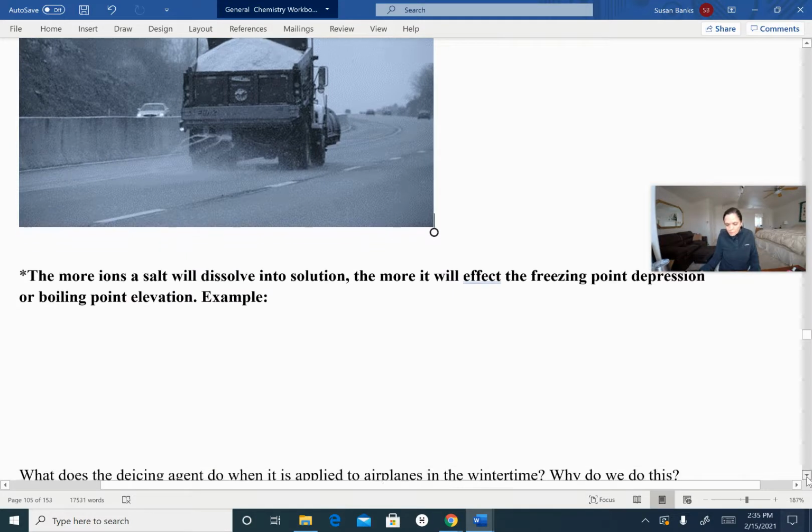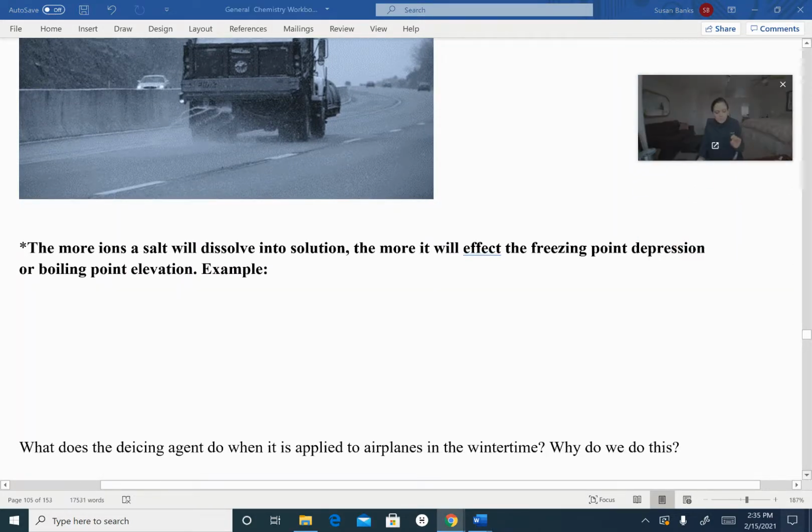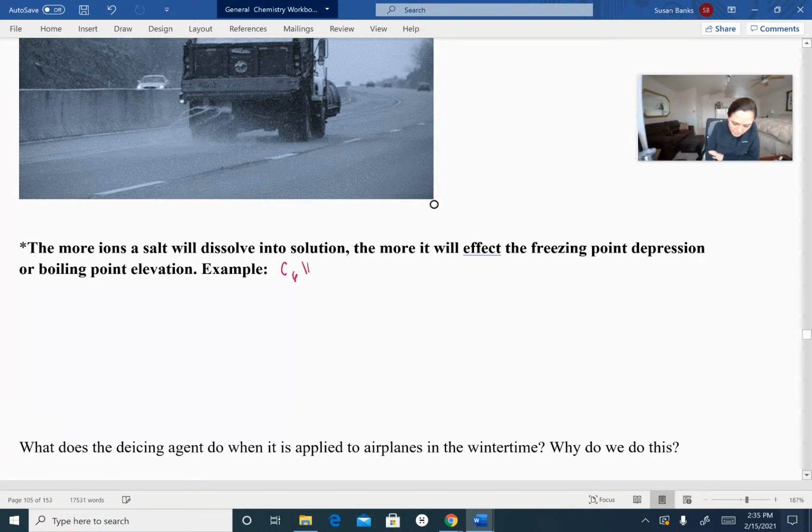Okay, some more examples. The more ions, now these are soluble ions, when ions dissolve into a solution, they affect the freezing point even more. Let me give you a couple of examples. So our first example, we used sugar. I'm going to use glucose, which is a form of sugar.